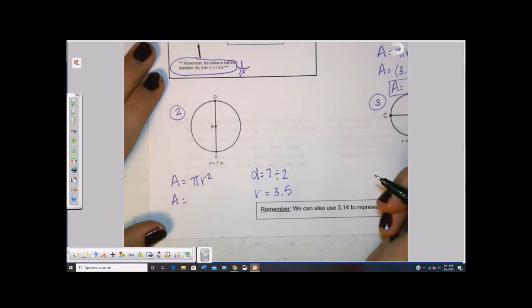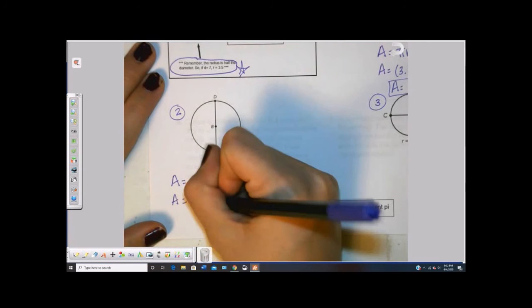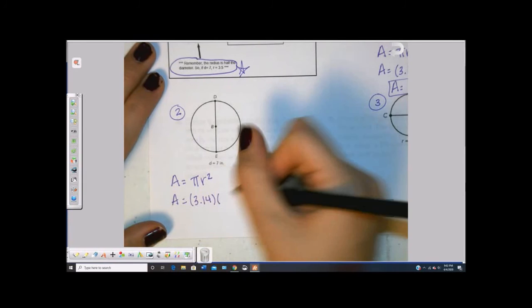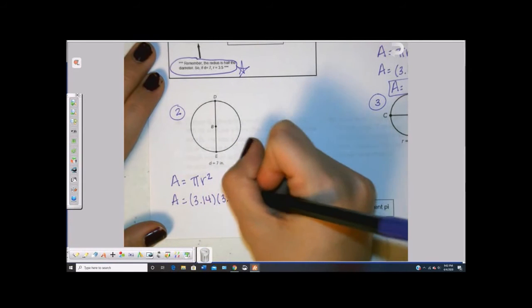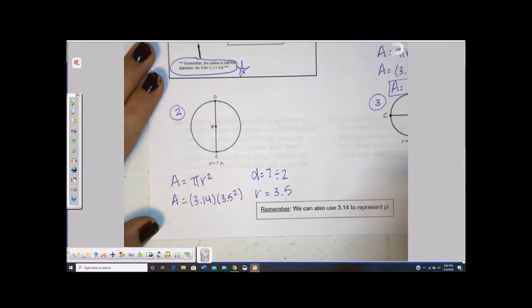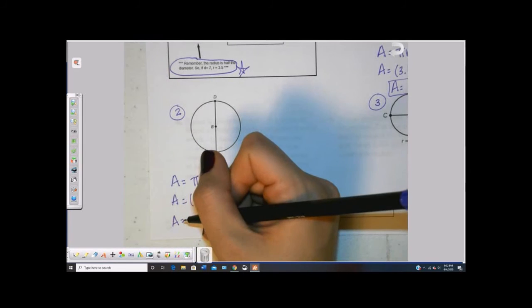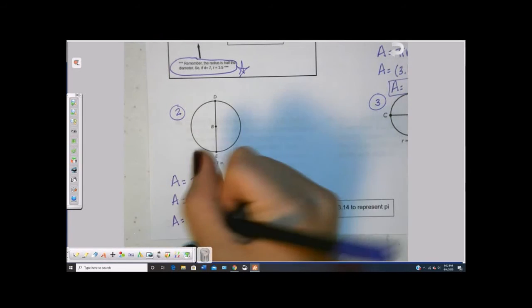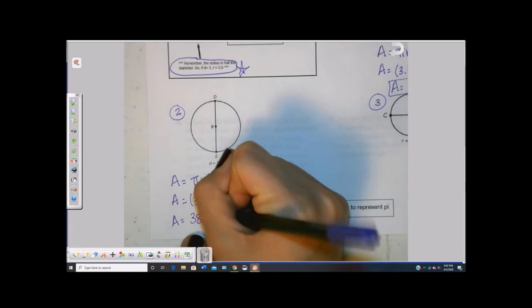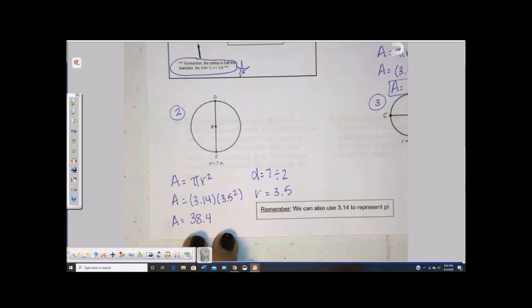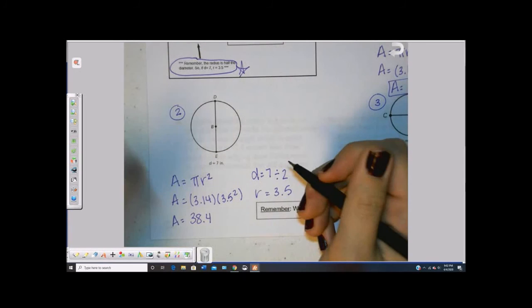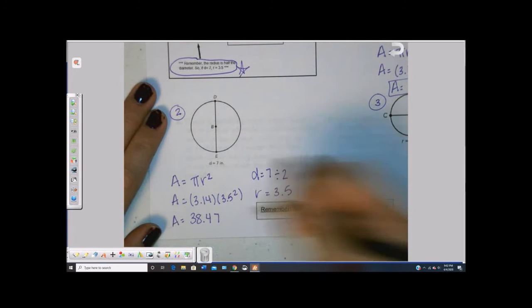And now I'm going to do pi, which is 3.14 times 3.5 squared. And when you do this, you're going to round your answer to 38.47 inches squared.